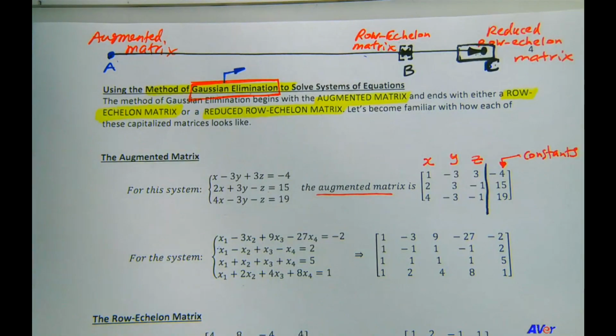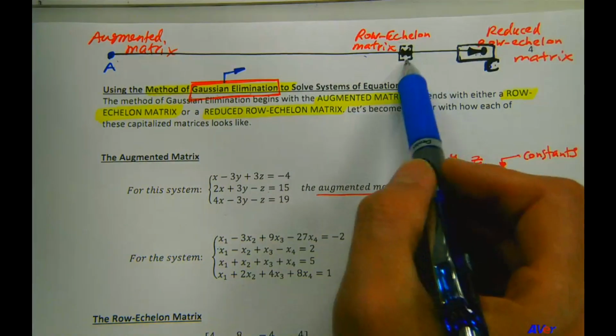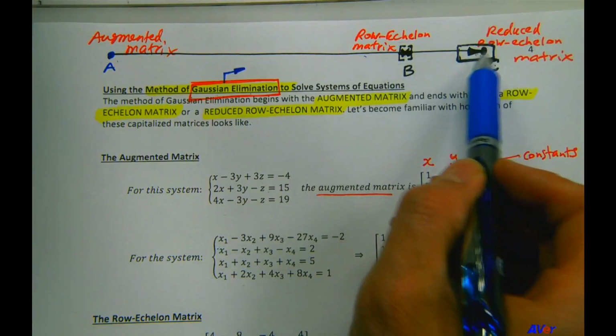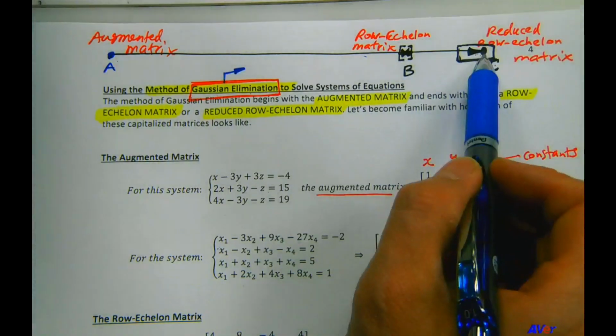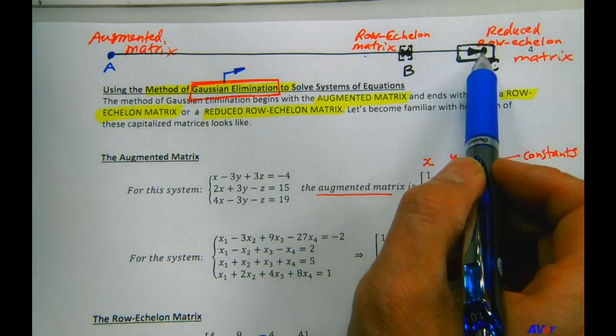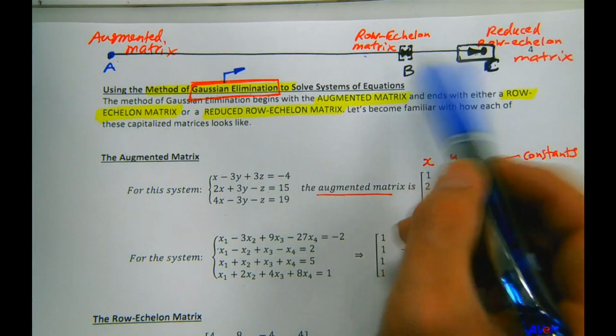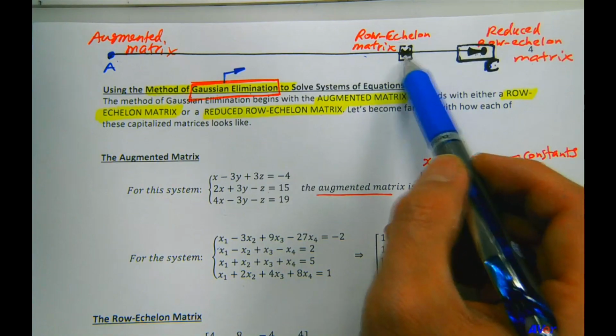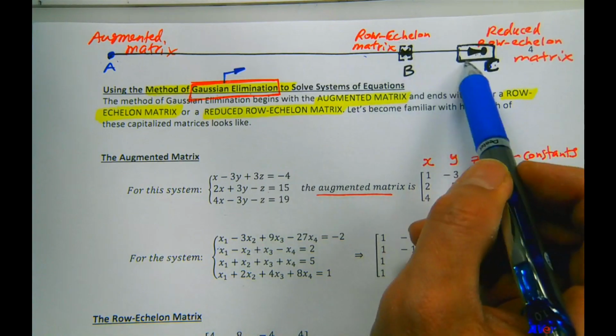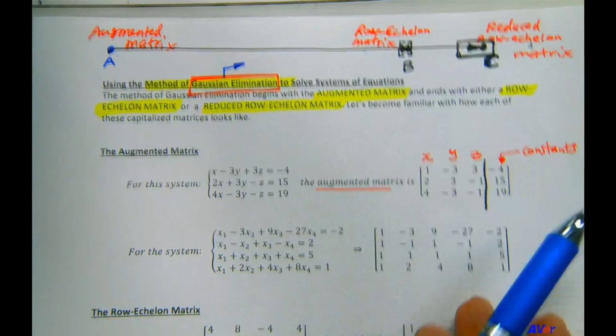We will talk about both, so you are familiar with both forms of destinations. What happens if you stop here, and what happens if you stop here? Here, if you stop, you don't have to do more work. You can simply read the solution off of the matrix. But you can't do that here. Here, you have to do a little more work to get to C.